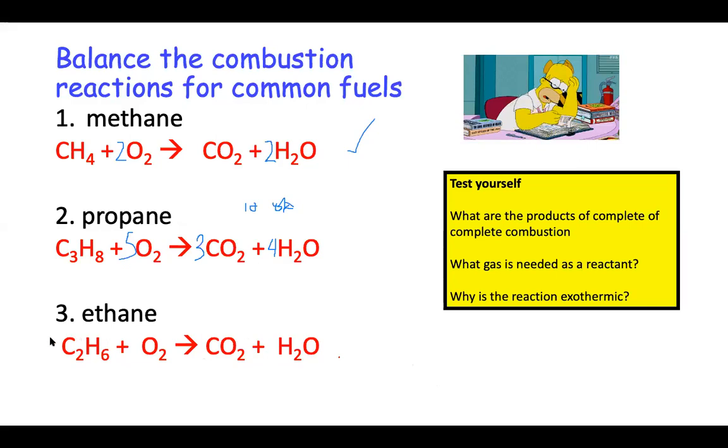So if we put a 2 in front of here, we now have 4 carbons. And we've got 12 hydrogens. So I put a 6 in front of here. Now this is a lot nicer because we now have even numbers. So we've got 8 oxygens here plus 6 oxygens here, which is 14.